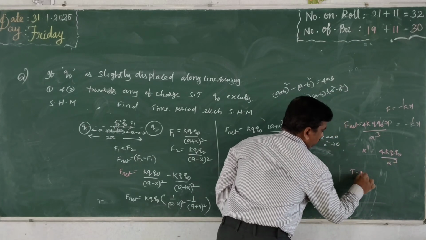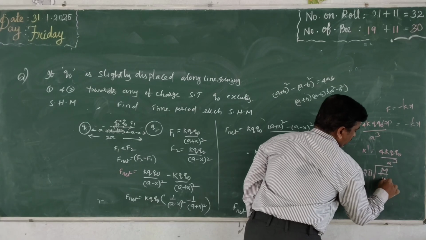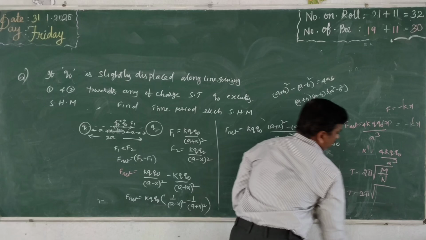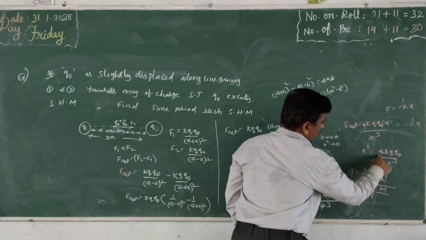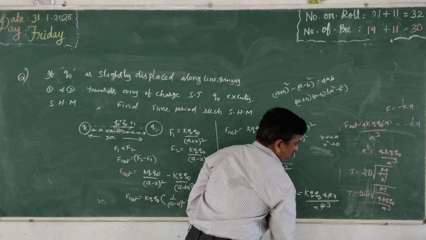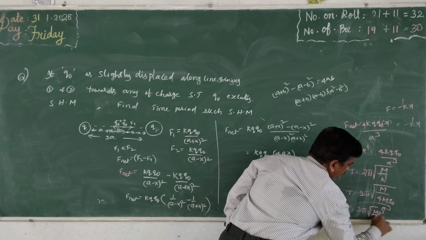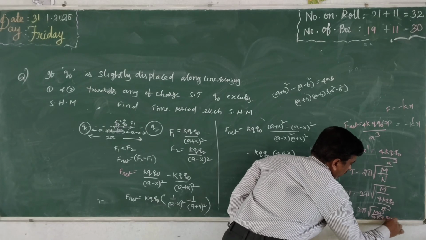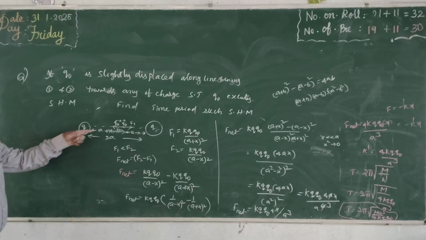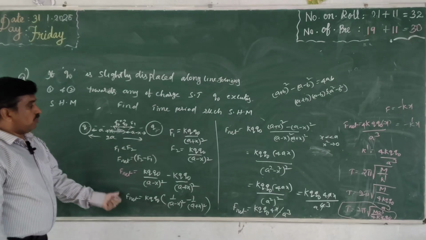What is the time period formula? 2 pi into root of m by k dash. So time period equal to 2 pi root of m by k dash, meaning 4k q naught by a cube, so time period equal to 2 pi root of m a cubed by 4k q naught. This is the time period of simple harmonic motion when the particle q naught is slightly displaced from its center. So this is the process.